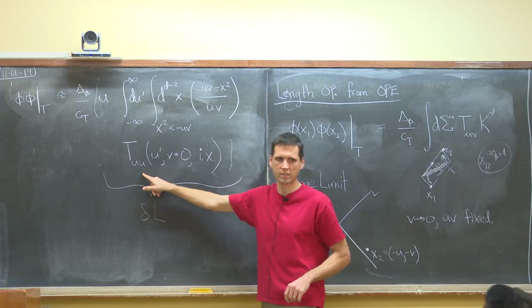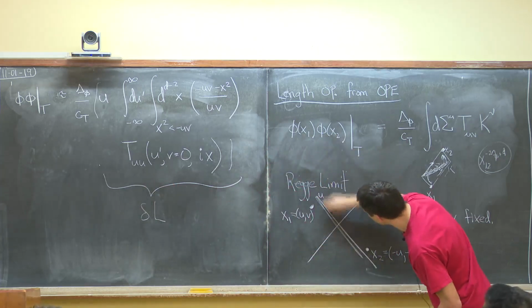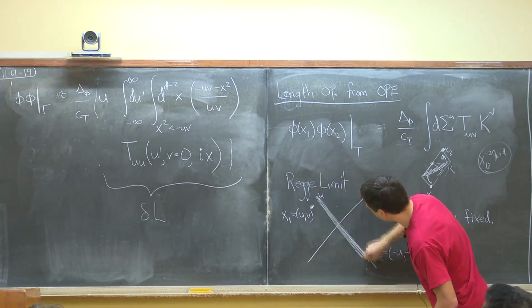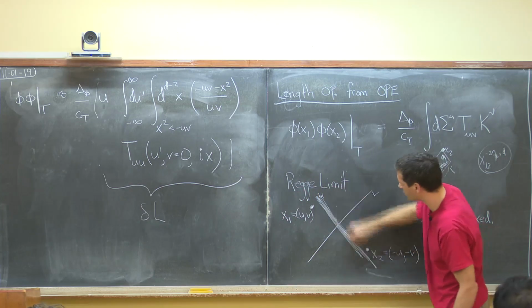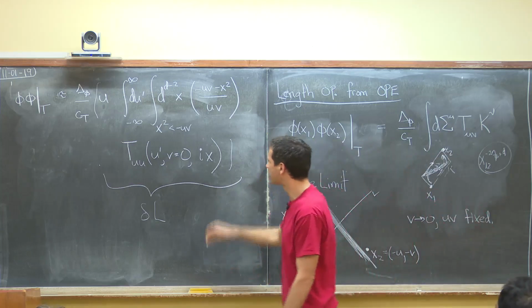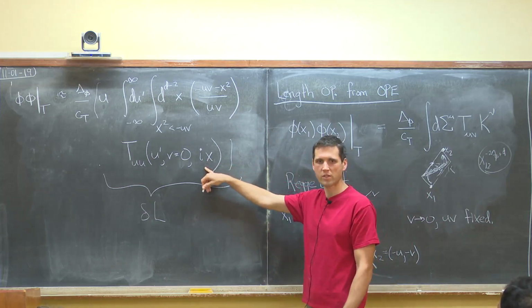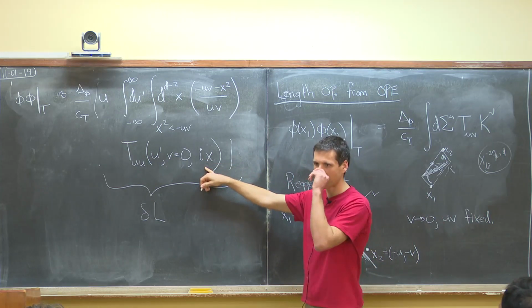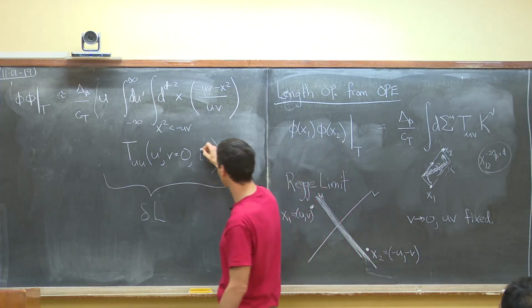The difference is that we replace these two points by an integral of the stress tensor over the null ray, with some additional smearing in the space directions. That smearing is complexified.